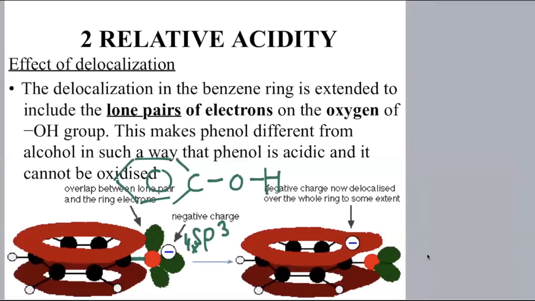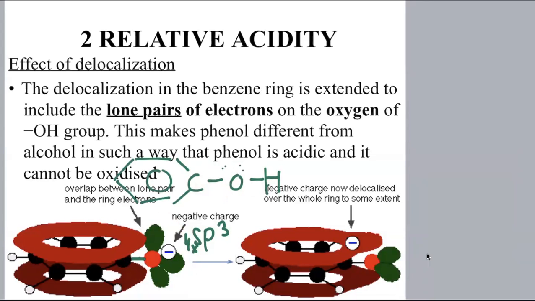Okay, right. So as I was saying, the hybridization of this oxygen is sp3, so that means there are 4 orbitals around it. 2 of the sp3 orbitals are already being used for the bonds between C and O and O and H. And as I mentioned just now, oxygen is in group 6, so there are 6 electrons, 2 of them already being used, so you're left with 4 electrons.